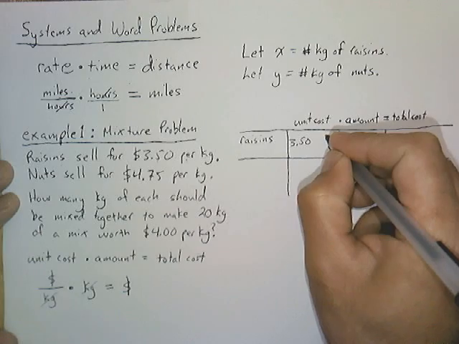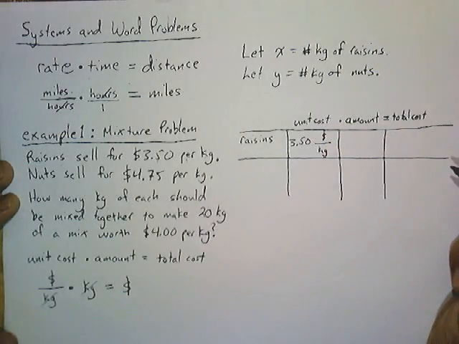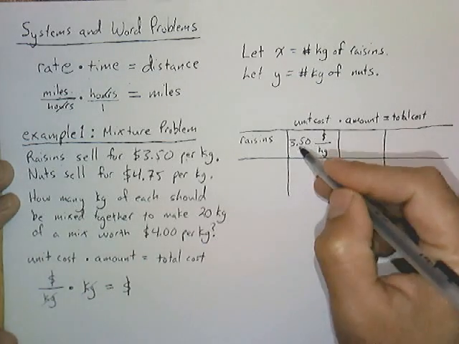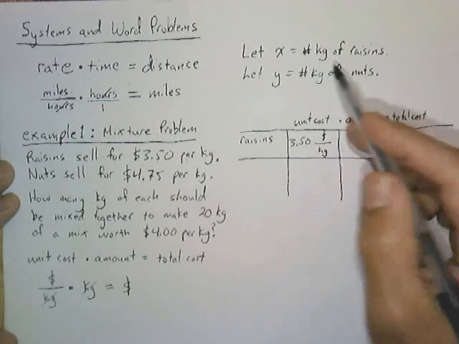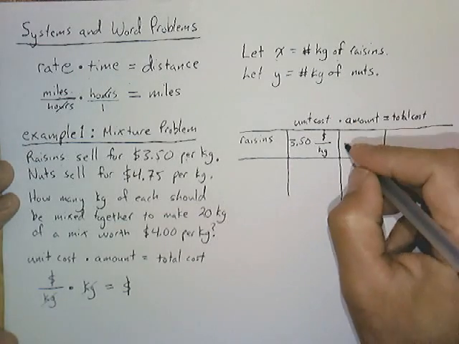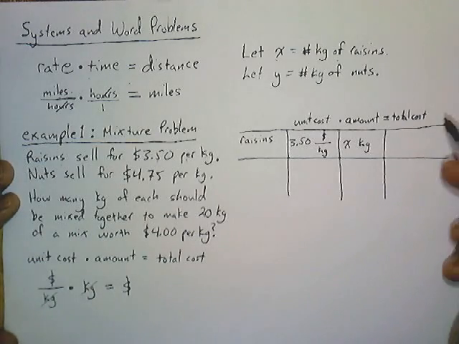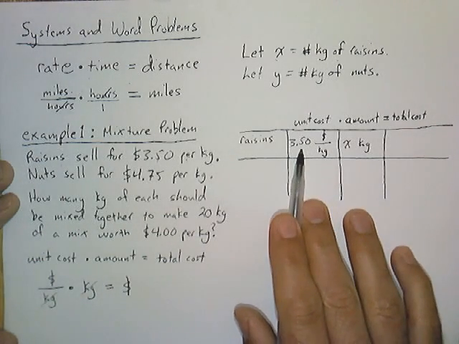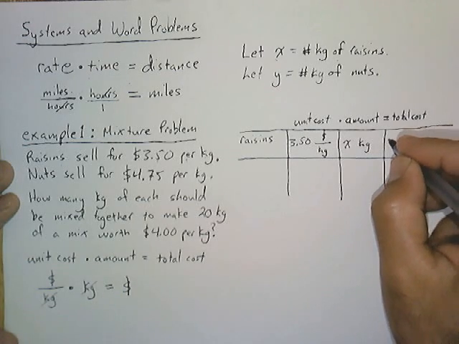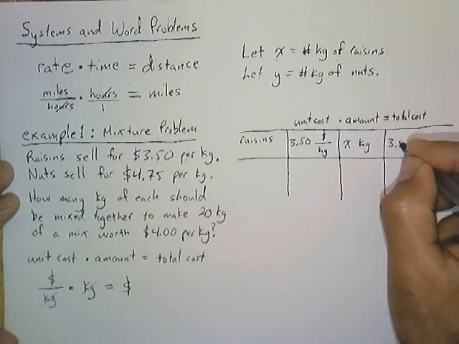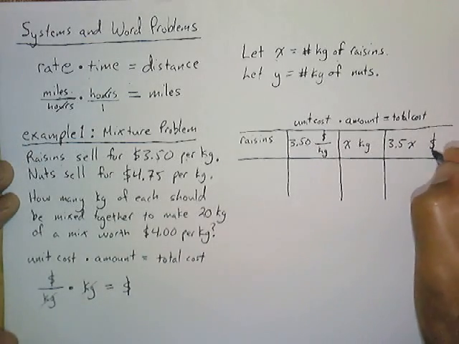And I'm going to write my units this way, dollars per kilogram. Or $3.50 per 1 kilogram. You could also write it that way. And we now have X kilograms of that. And therefore, if we multiply $3.50 per kilogram times kilograms, we're going to get the total cost. 3.5, don't need to write the 0, times X, and that is in dollars.